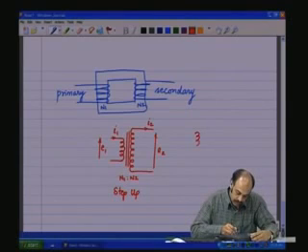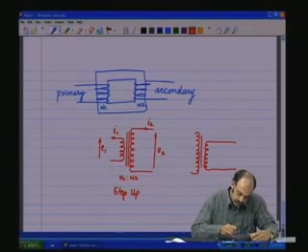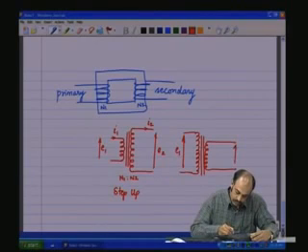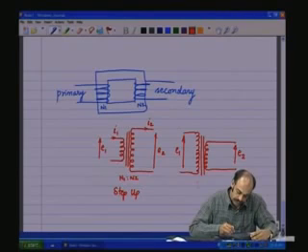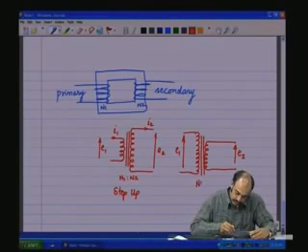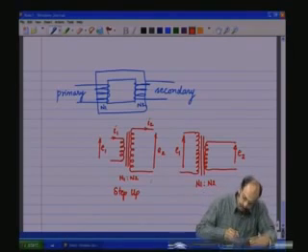If the symbol is written in this fashion, as shown here, with the primary voltage more than the secondary voltage, and consequently the primary number of turns being more than the secondary number of turns.